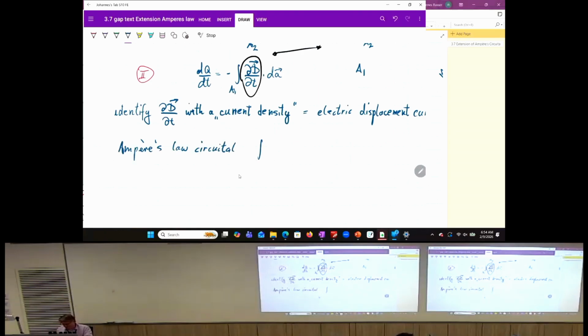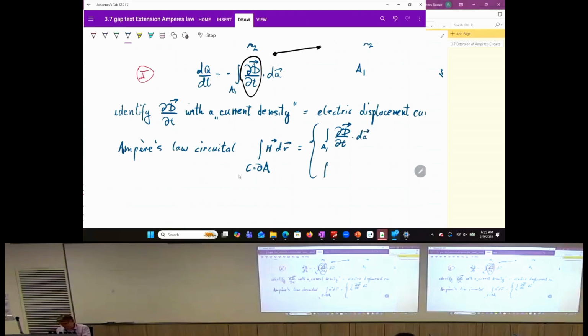The circuital law said that the integral over the closed contour of the closed path over the area is, in the first case where we have the surface A1, we can give that as the temporal derivative of the displacement field with respect to time, and we integrate that over the area.